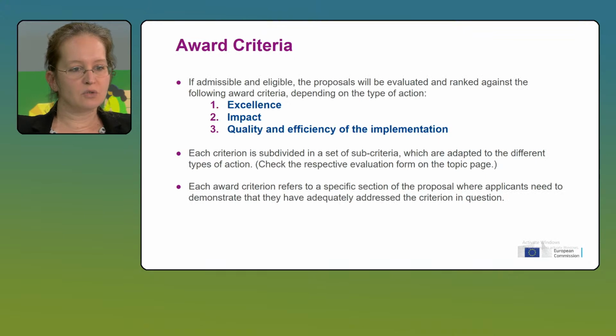There are 3 award criteria against which your proposals will be assessed. First is excellence, then impact, and finally implementation. Each criterion is subdivided into a set of sub-criteria which depend on the type of action foreseen for each topic. So do have a look on the Funding and Tenders portal at the topics page, which will give you an idea of the type of action foreseen for your topic.